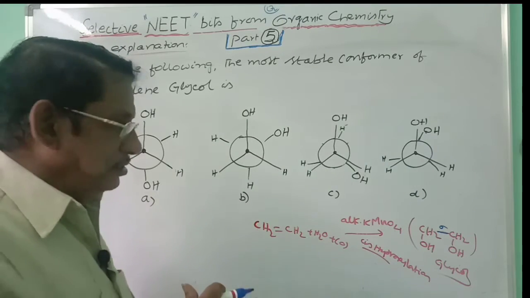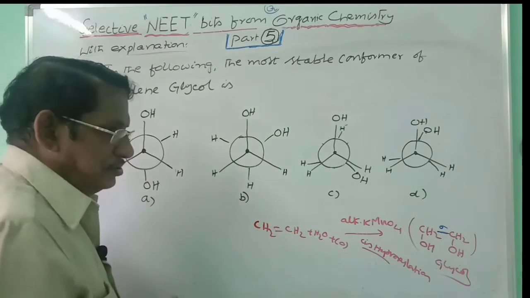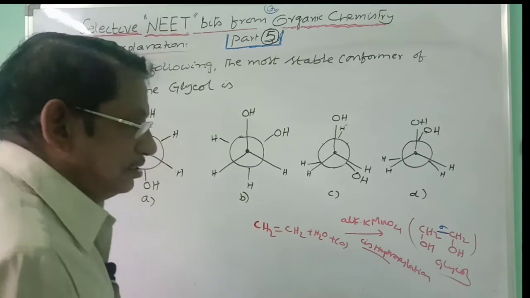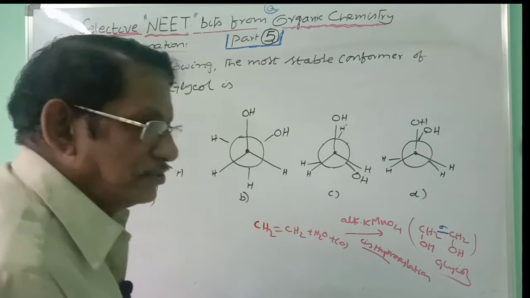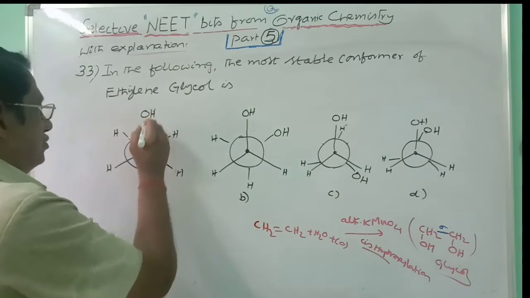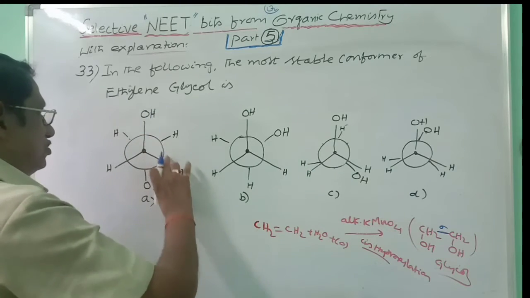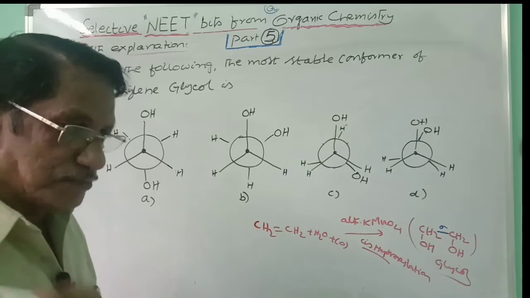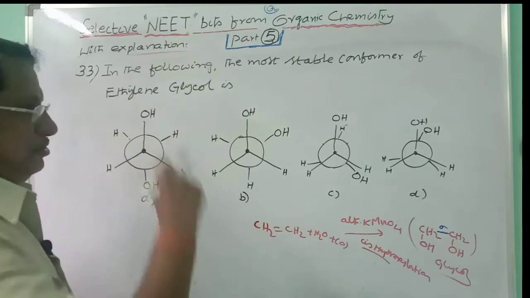And out of the staggered conformers, anti (trans) should be the most stable one, because the bulky groups lie in the opposite direction at about 180 degrees. This is an OH group, this is an OH group, exactly opposite. The distance is also very large. Repulsions are minimum. So as per our expectation, this should be the more stable.